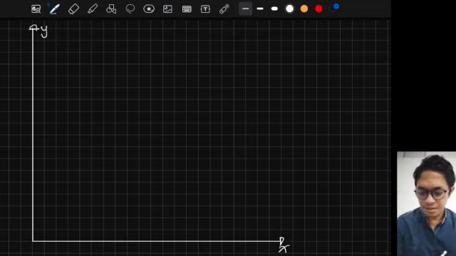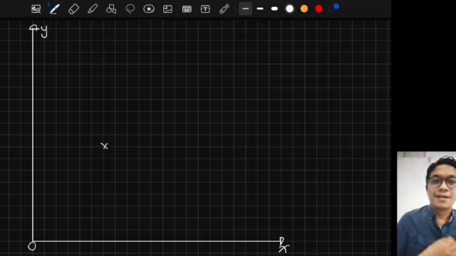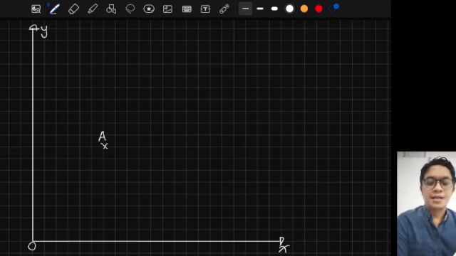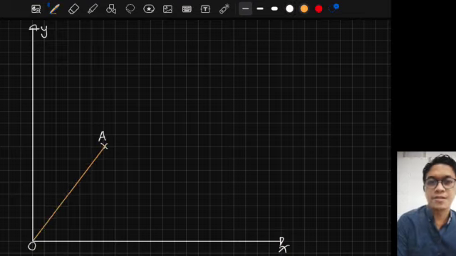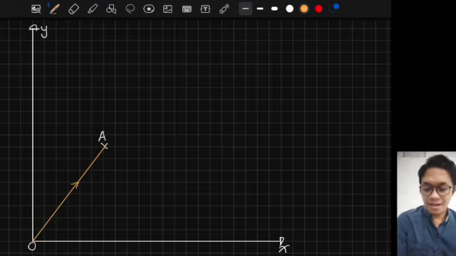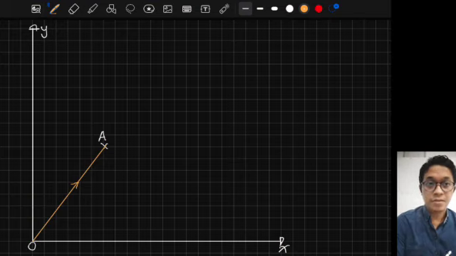Previously this is the origin, and we have a point here where your school is; O is where your house is, and we can make a line, which we call a vector, with direction from O to A. Now what if I have another point at (2, 0), which is here?